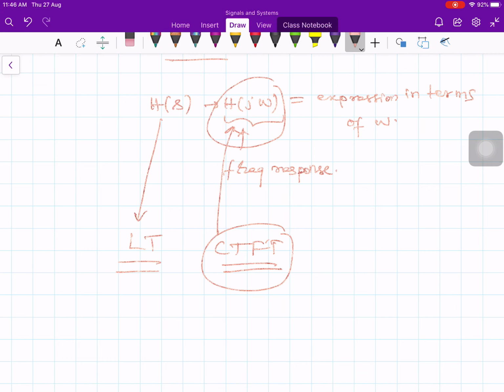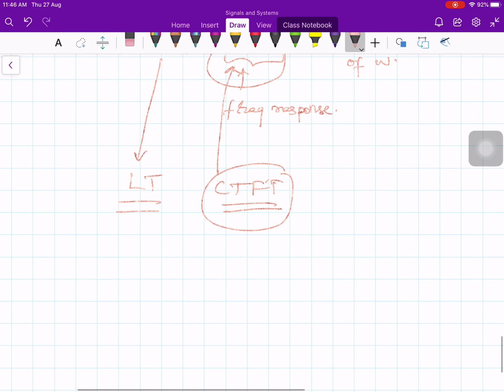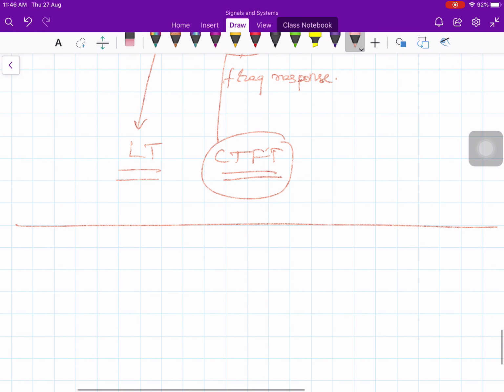And there is also yet a fourth way of describing the system response, which is called impulse response. I think I already covered that. Either you can find out y of t through the differential equation, or through h of s, or h of j omega.